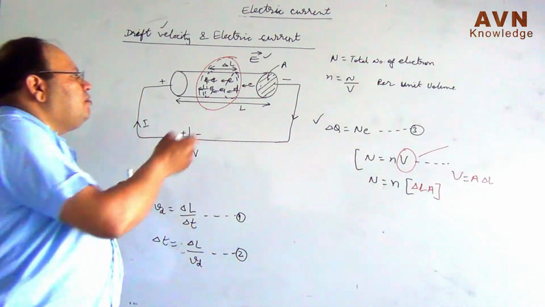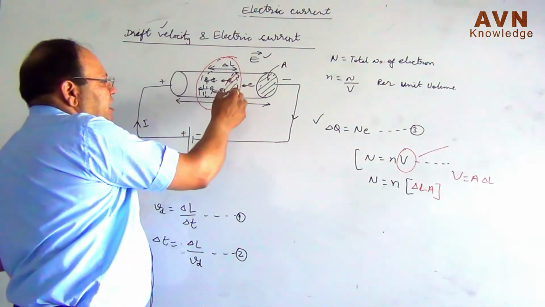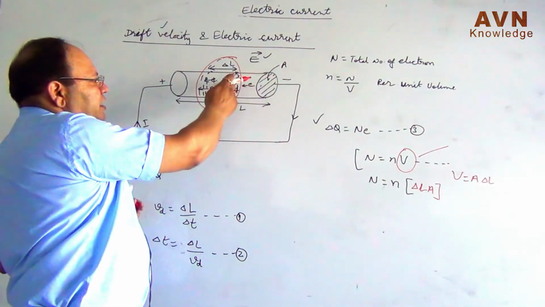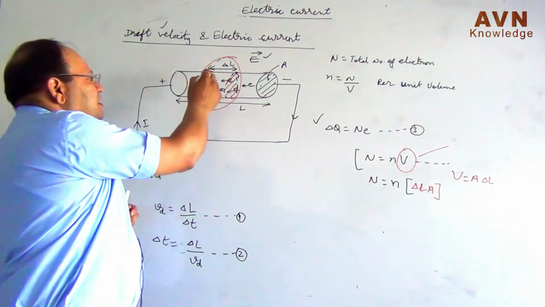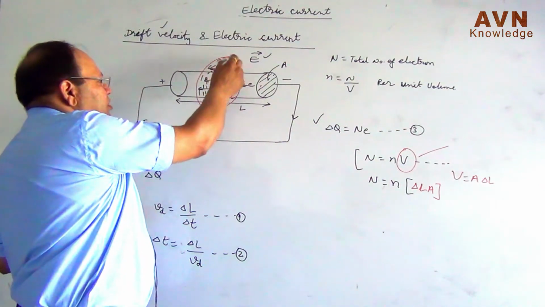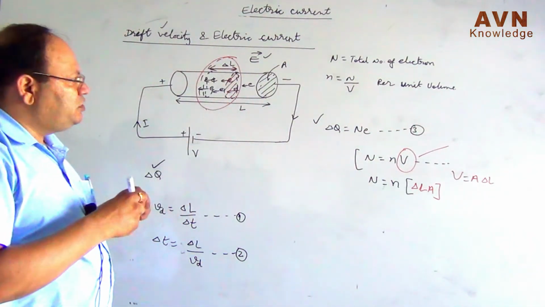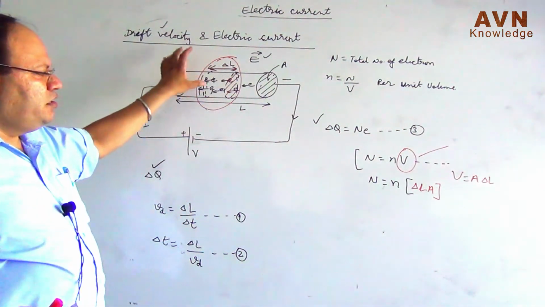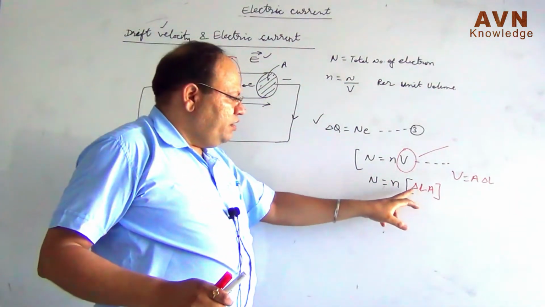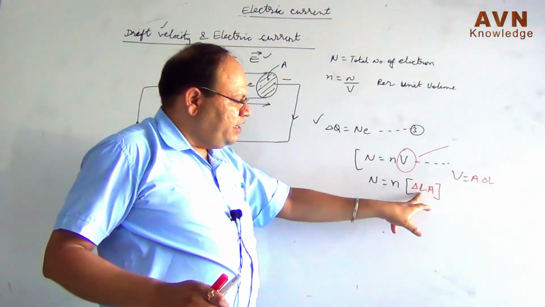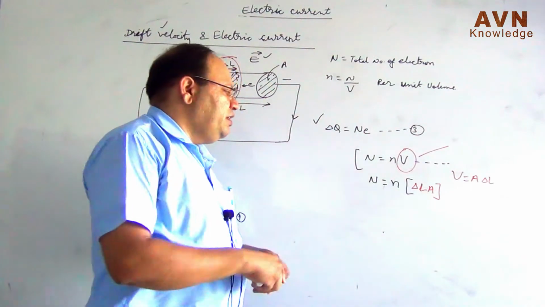Here A is the same, and the length is delta L. So the volume of this small fraction of the conductor is A delta L.